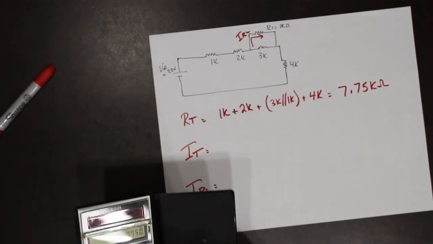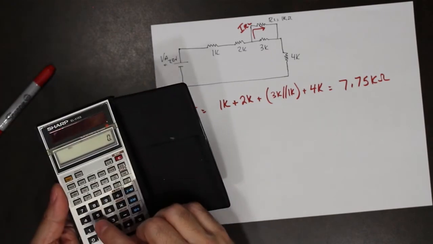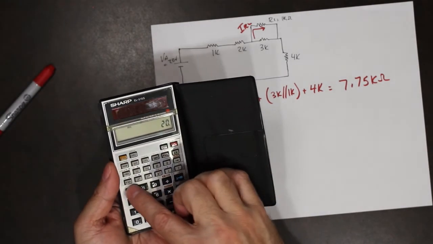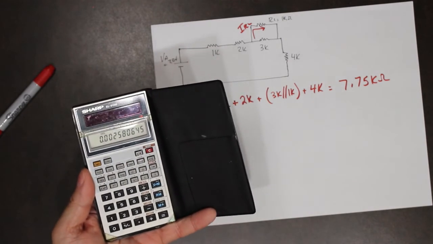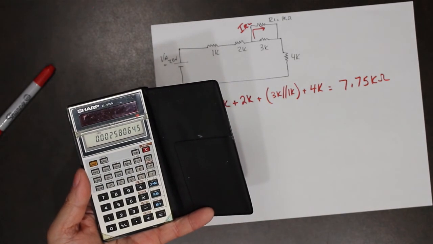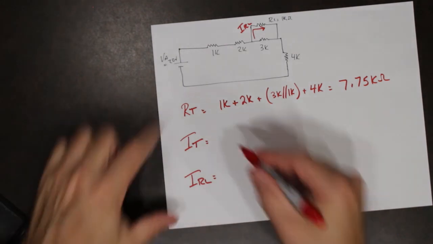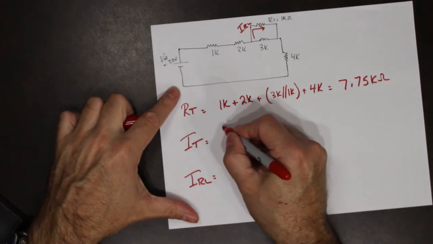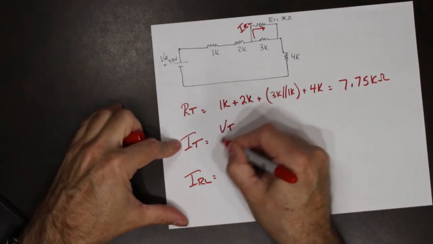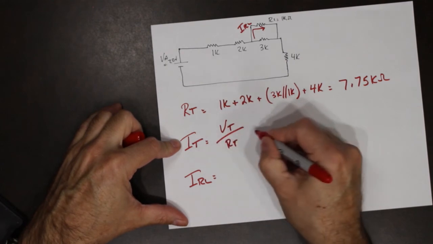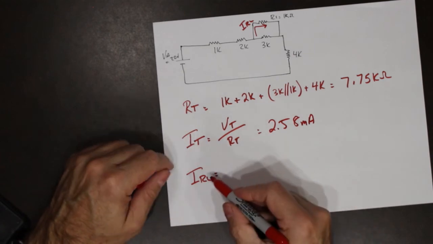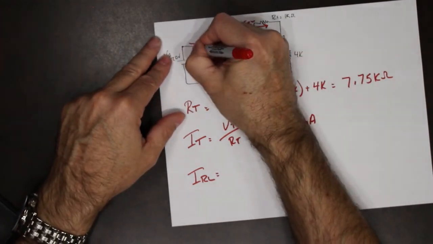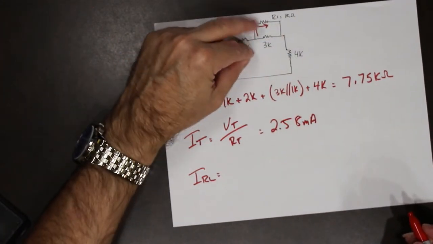So therefore, I total is 20 volts divided by 7,750, 2.58 milliamps. So this is V total divided by R total, 2.58 milliamps. IRL, so we know that I total leaving the source splits.